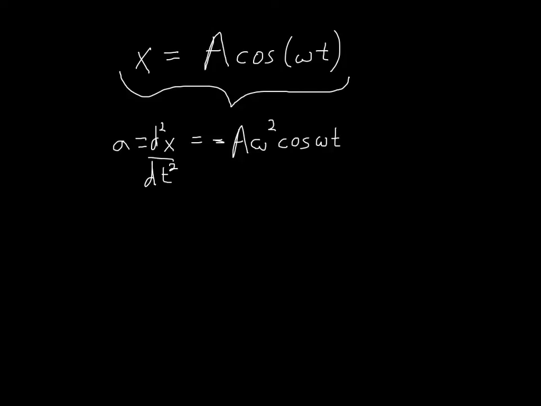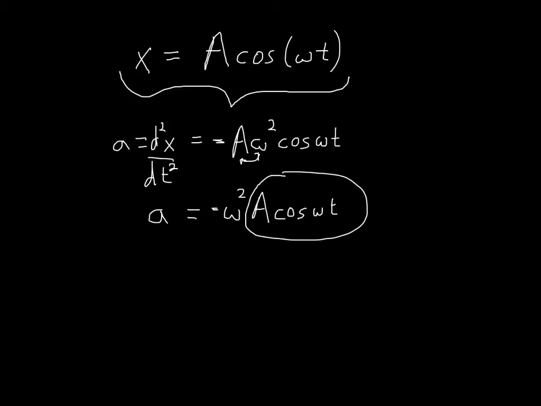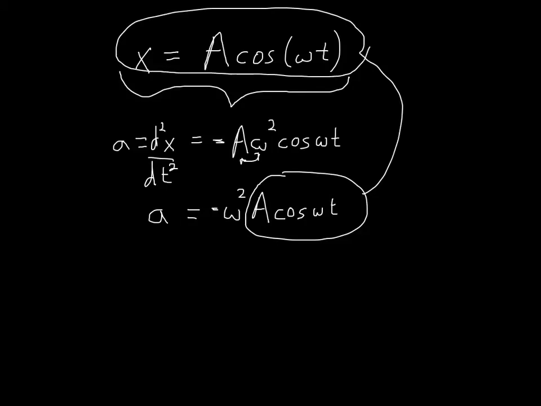What I'm going to do is shuffle this around a little bit so that my acceleration is equal to negative omega squared times a cosine of omega t. So all I did was switch the order that I wrote the omega and the a. I just flipped those. And if I look at this, a cosine of omega t is equal to x. So my acceleration is just equal to negative omega squared times my position.